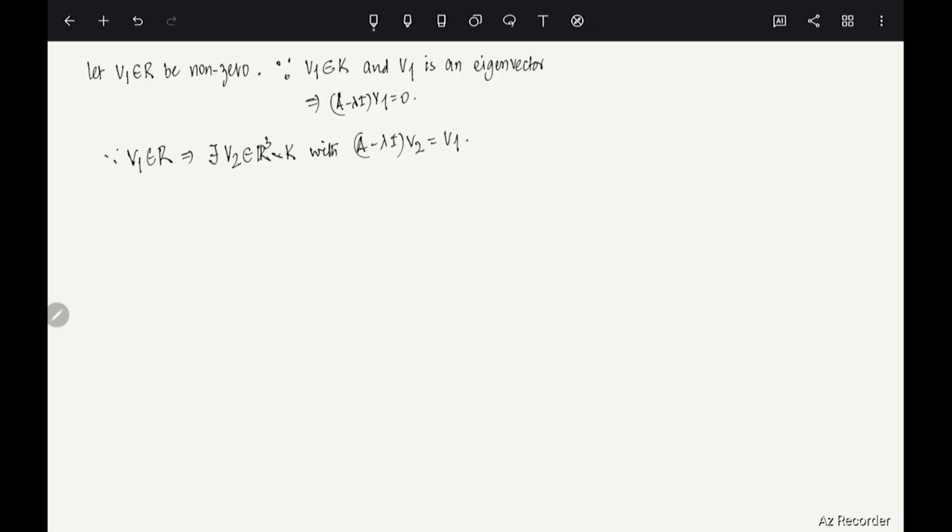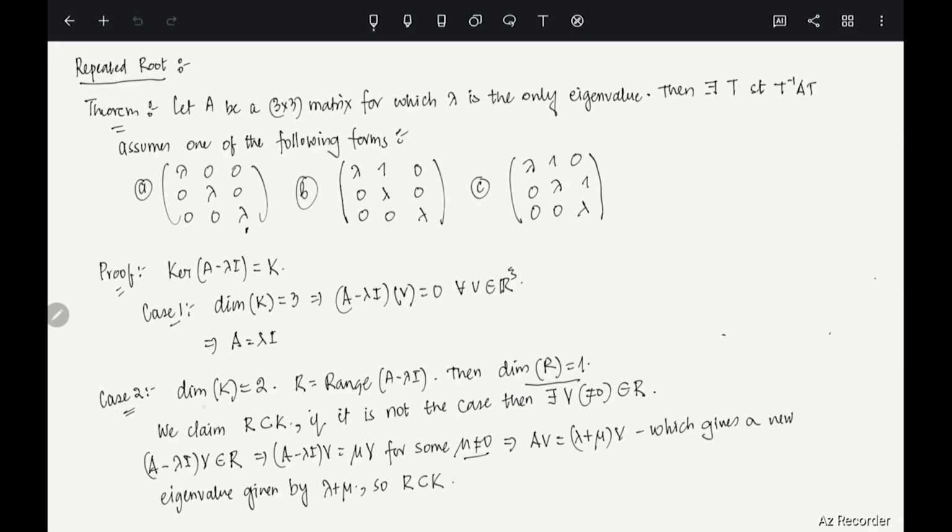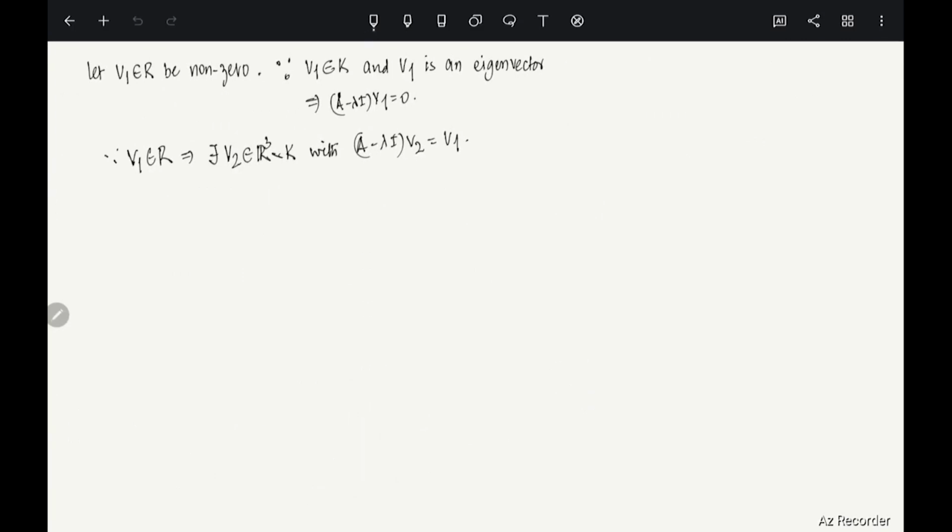What is the dimension of K? It is 2, that is our assumption. So essentially you can find a non-zero element V2 which lies in R3 minus K. And since V1 is in R, you can always find A minus lambda I times V2 to be V1. That is always true.